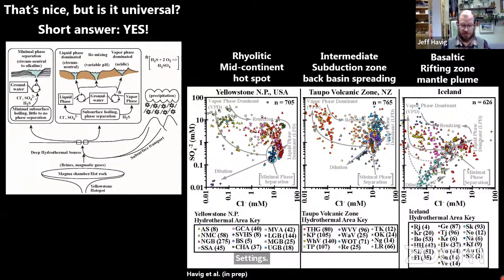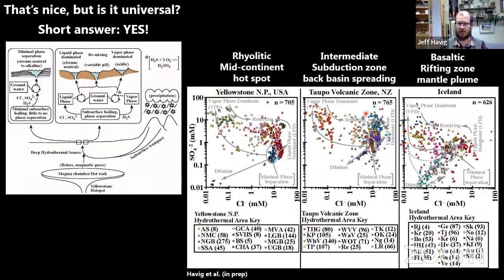This is some preliminary data in a manuscript I currently have in preparation, where we bring the large data set from Yellowstone together with a large geochemical data set from colleagues that are working in New Zealand, specifically the Taupo volcanic zone, the TVZ, in the North Island of New Zealand, and then a colleague working in Iceland. So these are hydrothermal systems across Iceland.